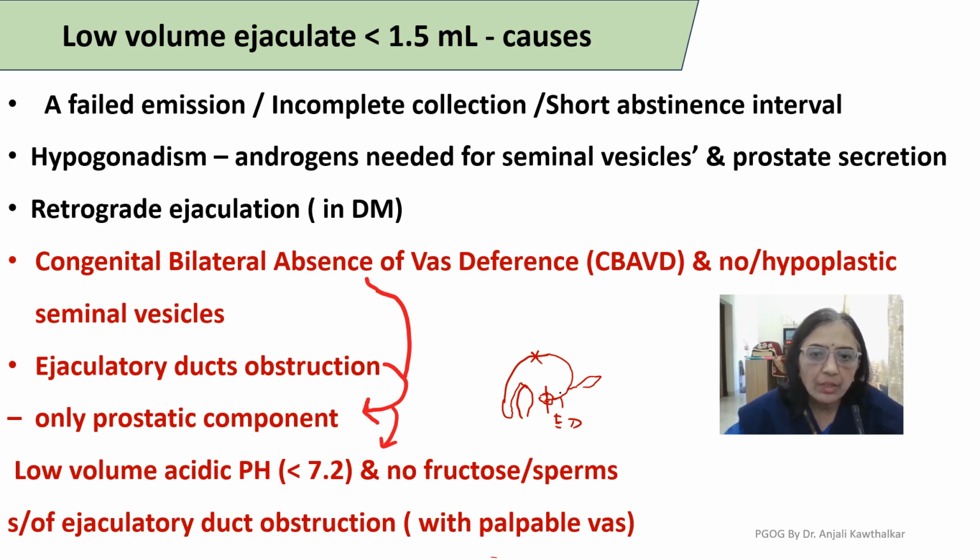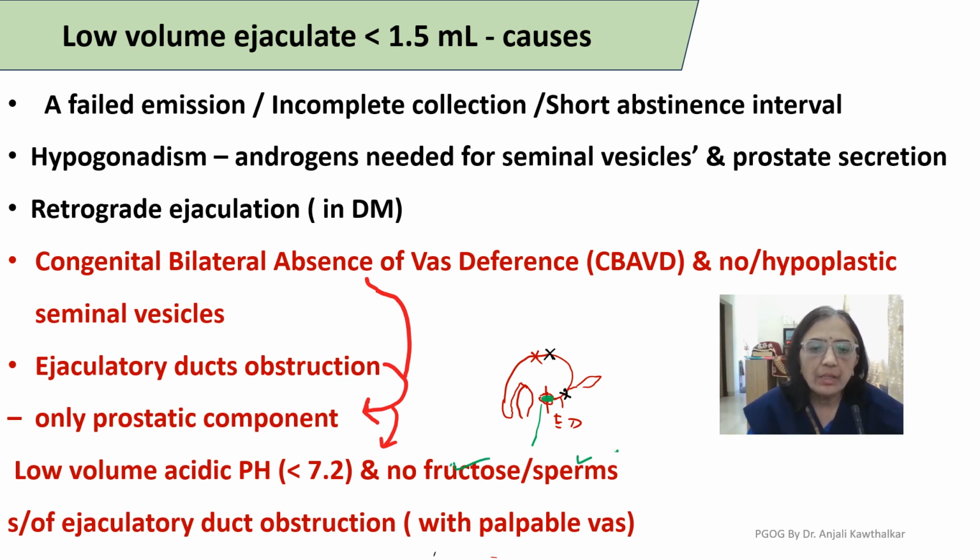Either here there is obstruction, or here bilateral absence of vas deferens. In both of these situations, the only component getting into the semen is the prostatic component. So the prostate is mainly contributing to the semen, and it will be low volume ejaculate, mainly acidic, with no fructose and no sperms.